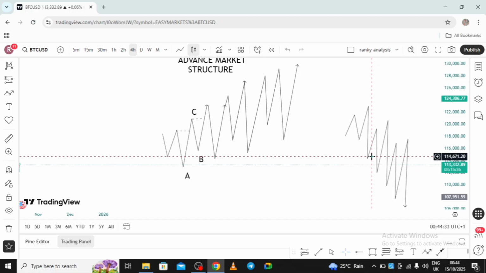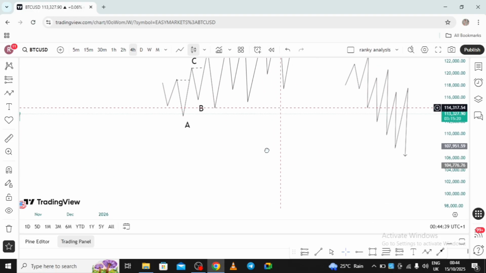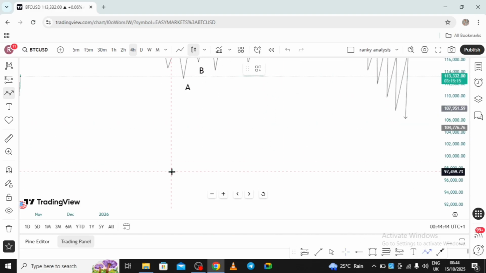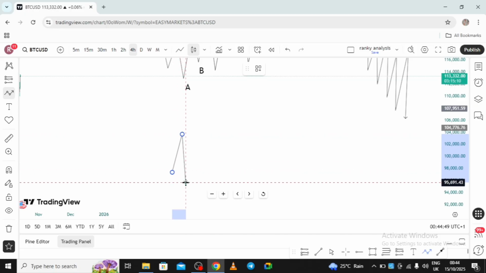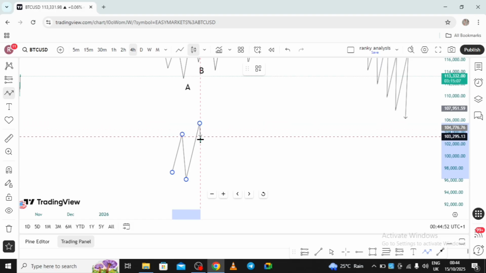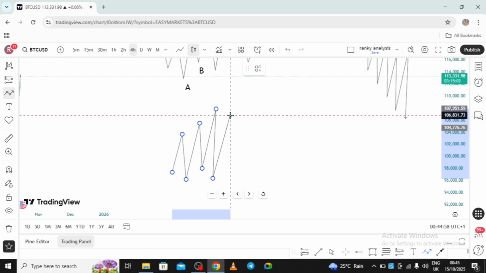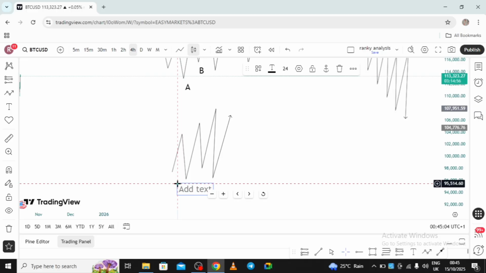So basically there are two types of this structure. We have type 1: the sweep, then the break of structure. We call this the type 1 movement.